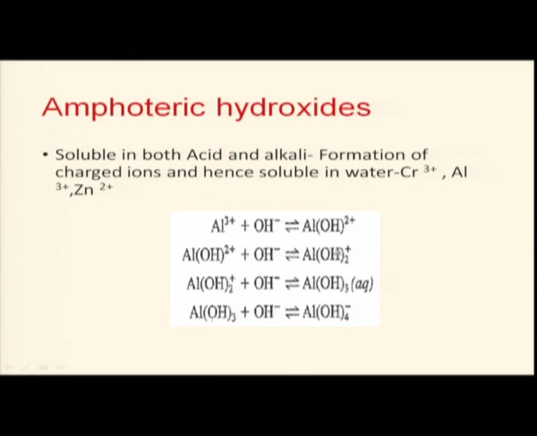If you add very little hydroxide, the positively charged species present are water soluble. And if you add more hydroxide, the aluminum hydroxide goes into solution again as aluminate, with a negative charge. This is also water soluble. So this clearly explains the amphoteric nature of aluminum 3+.